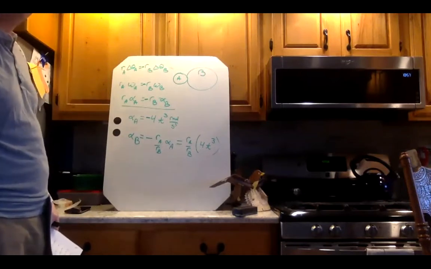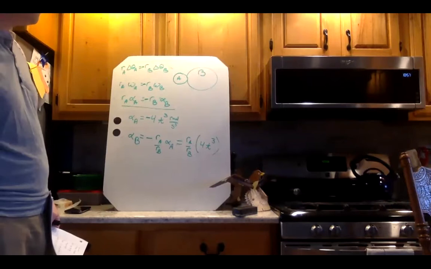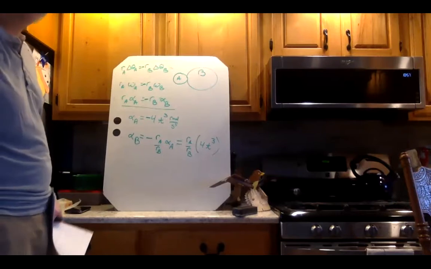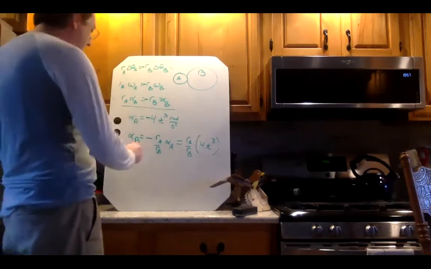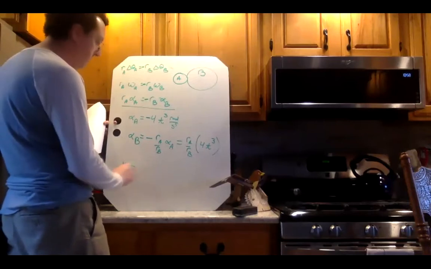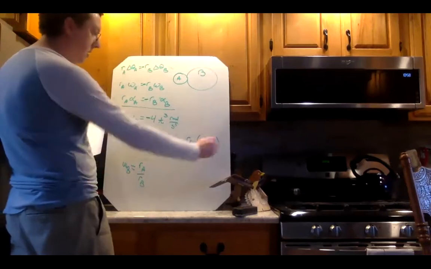Is that okay? Raise your hand if that makes sense, or if you want me to go over it, say something. Yeah, that makes sense. Okay, so if that's the case, I can integrate with respect to time to get omega B, and that's going to give me RA over RB times the integral.